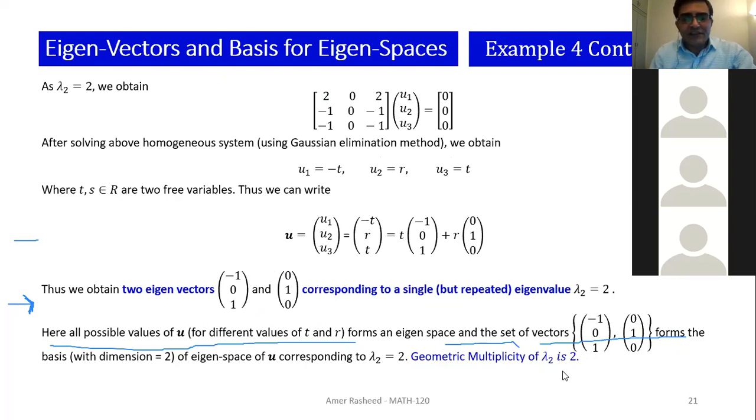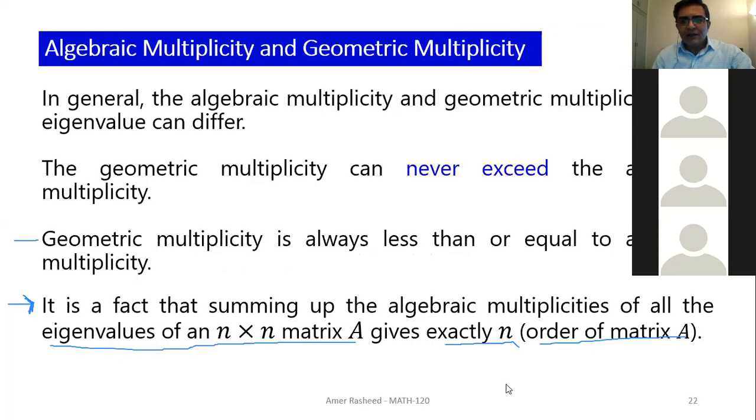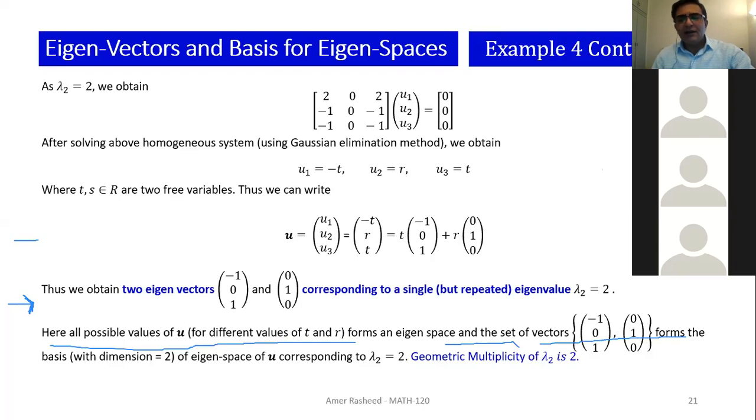So if we take the sum of the geometric multiplicities corresponding to all eigenvalues, what do we get here? For this example, we get 3, which is equal to the order of the matrix.